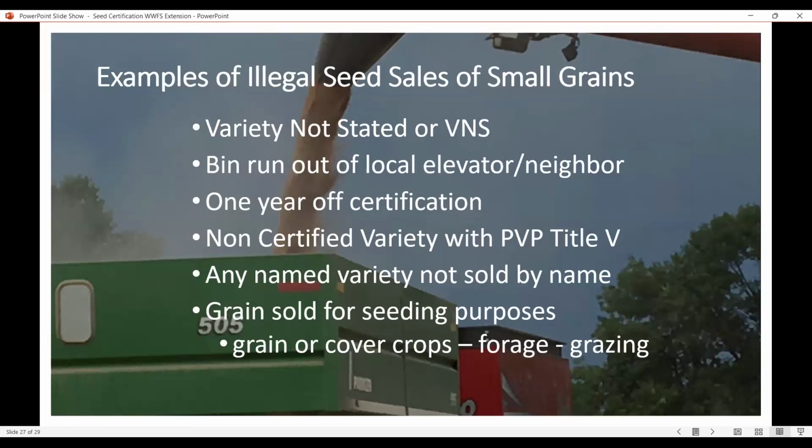You'll see things like 1 year off certification, a non-certified variety with PVP Title V that cannot be sold unless it is certified. If it's a named variety, it has to be sold by name. And it's illegal to sell grain for seeding purposes. And this includes grain or cover crops for forage or grazing.